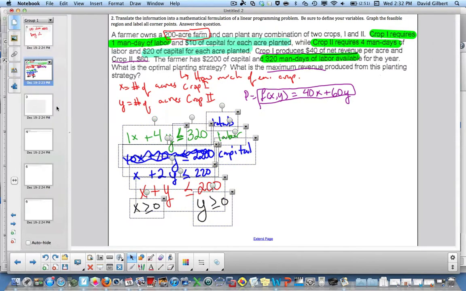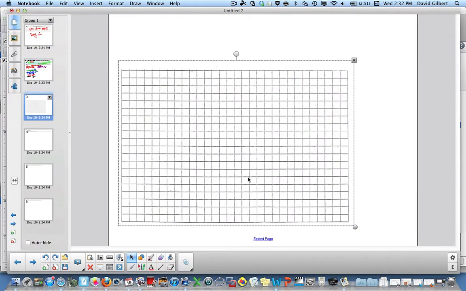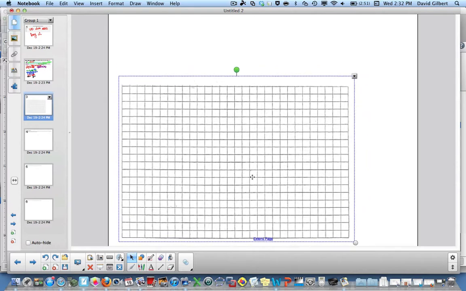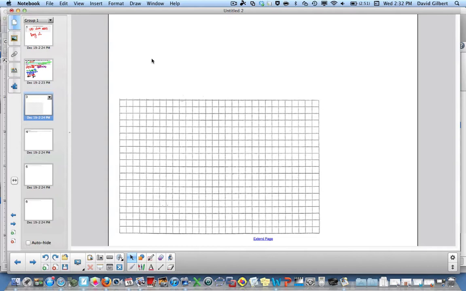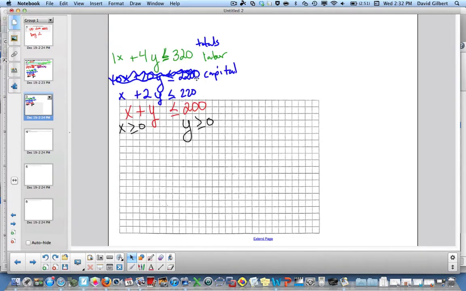Copy that over to here so I can graph all these for you. I didn't give them a number code yet because I used the colors, but I am going to do that now. I first just want to clean this up a bit.